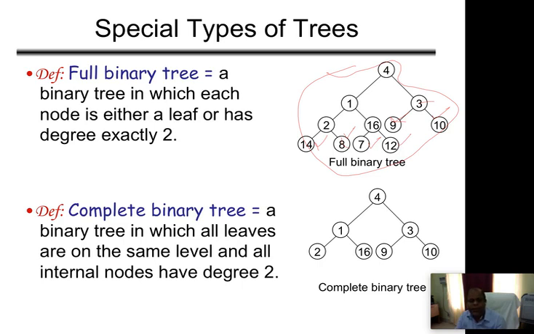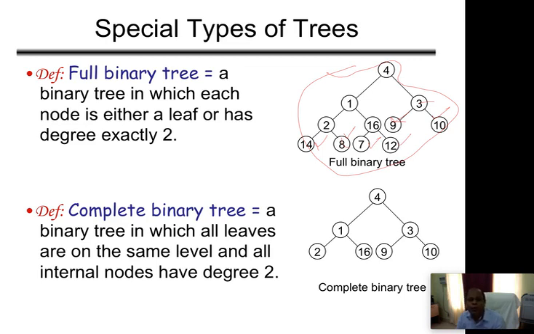That means a complete binary tree is a binary tree whose leaves are at the same level. You see, in the case of a full binary tree, the leaves are not on the same level, they may be on different levels, but all the non-leaf nodes will have exactly two children. But in a complete binary tree, all the non-leaf nodes have two children and all the leaf nodes are at the same level.